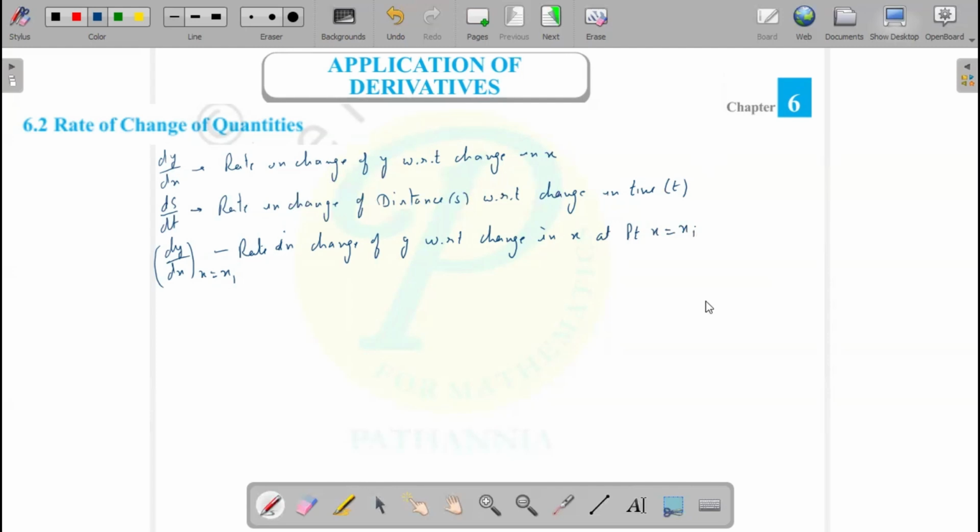Similarly, you have also done the questions when two variables are given with respect to another variable.